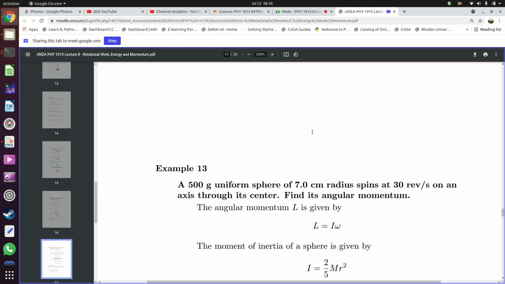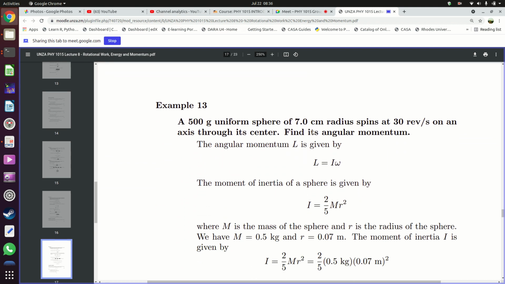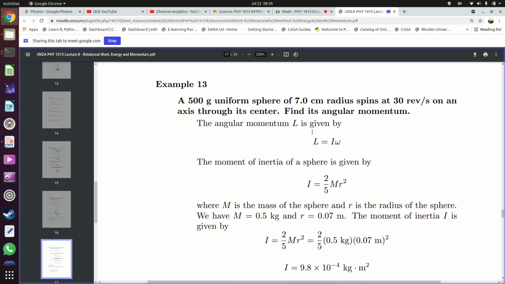Okay, so let's have a look at an example which has to do with angular momentum. Example number 13. A 500 gram uniform sphere of 7 centimeter radius spins at 30 revolutions per second on an axis through its center.